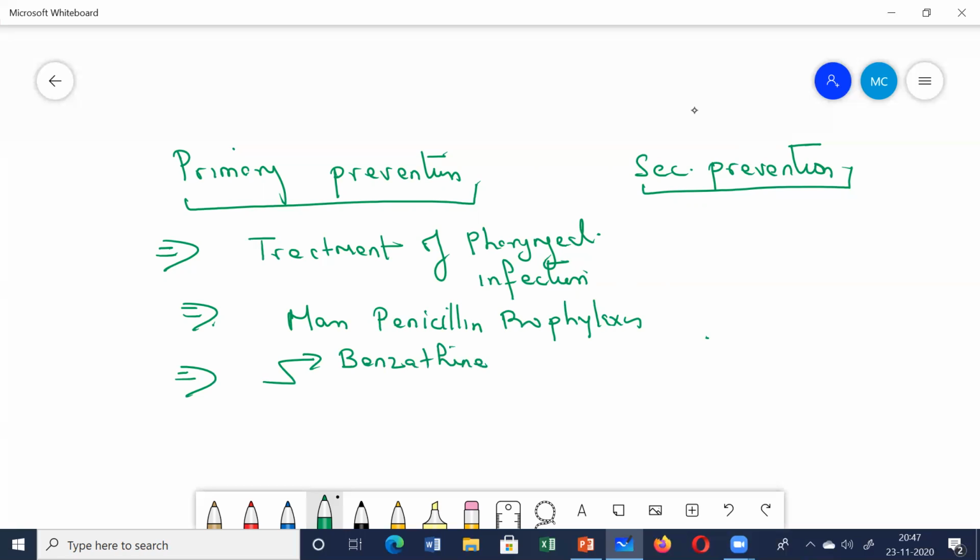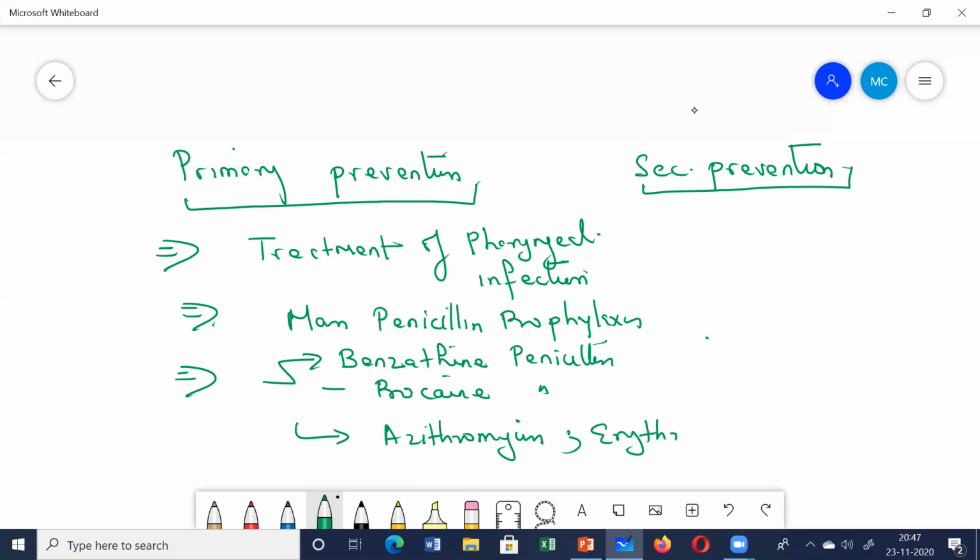What else? Procaine penicillin. And if the patient is sensitive to penicillin, you give azithromycin or erythromycin. So this is what we give if the patient already has established streptococcal pharyngitis.